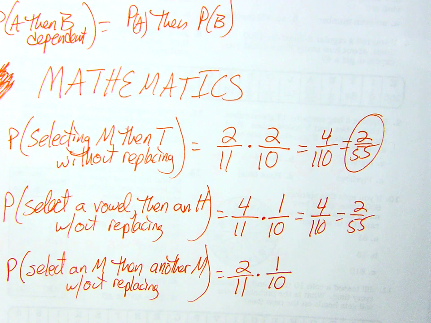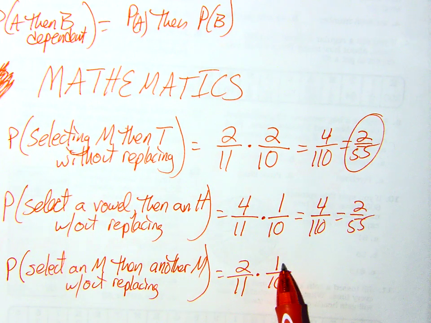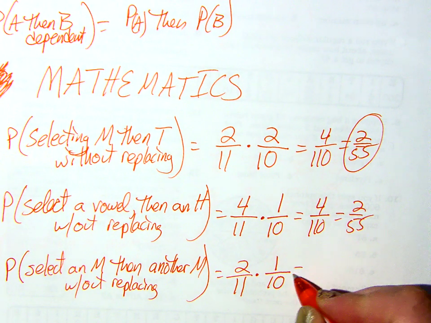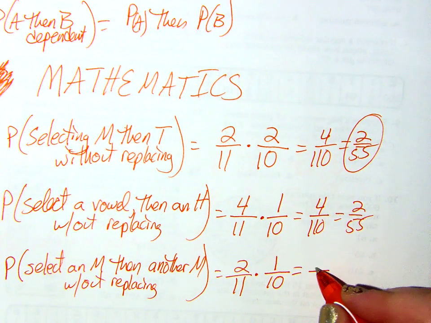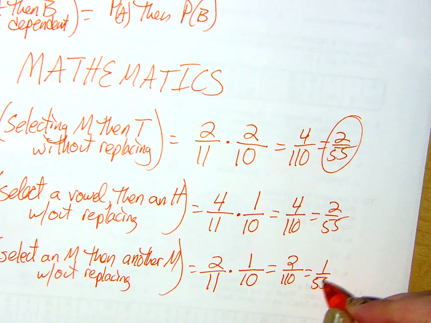So those should be your 2 fractions this time. Right? Because I had 1 fewer. If I'm picking an M and then another M, there's not going to be 2 M's in there the second time, because I already picked one out. So that turns into 2 out of 110, which reduces to be 1 out of 55.